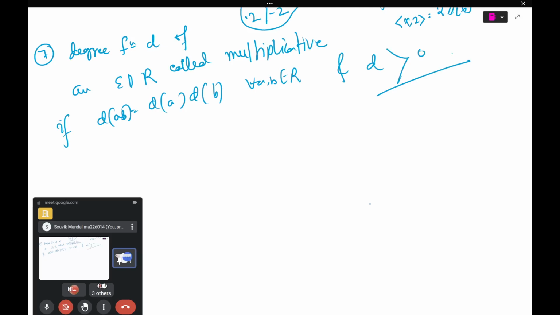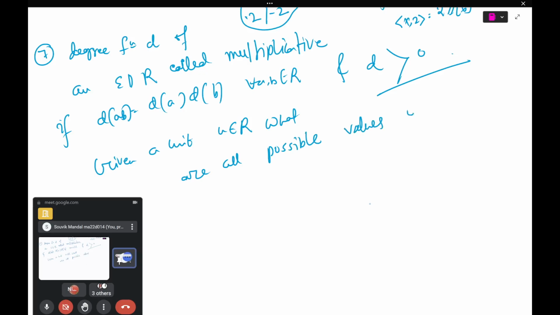Okay. Now the question is, given a unit U inside R, what are all possible values of d of U? That's the question.